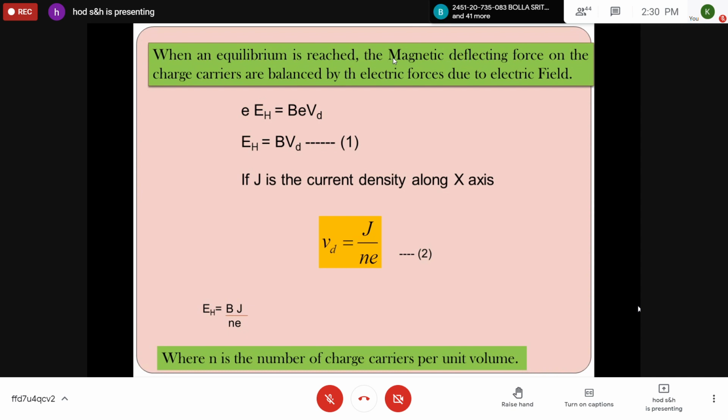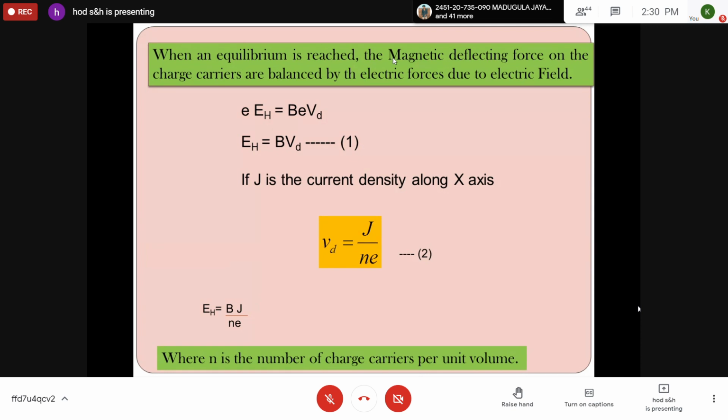This causes a field EH in the negative z direction, and because of that, a force eEH will act on the electron along the positive z direction. So along the negative z direction, because of the magnetic field, the force is BeVD.